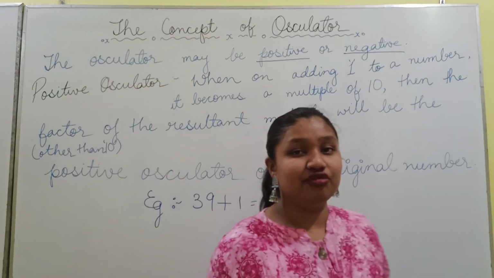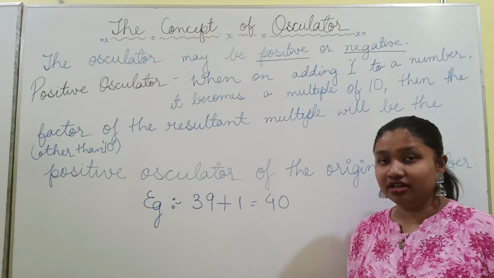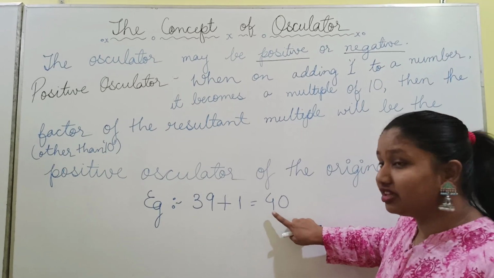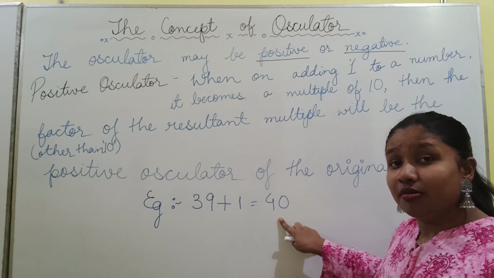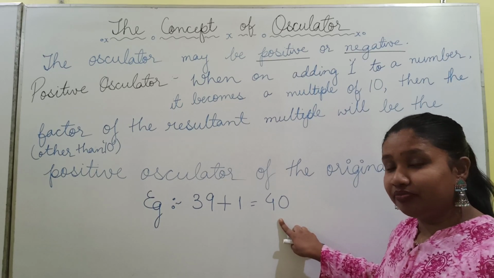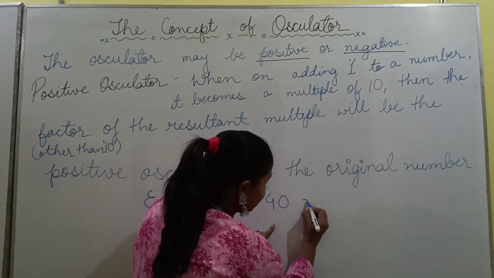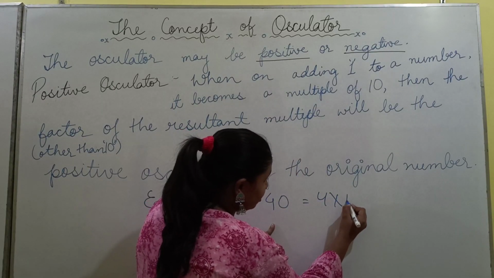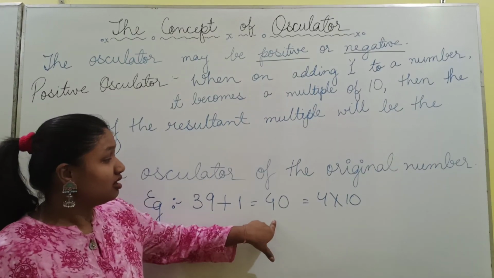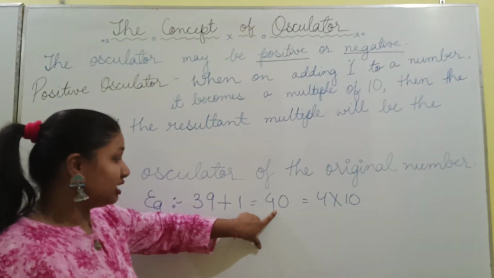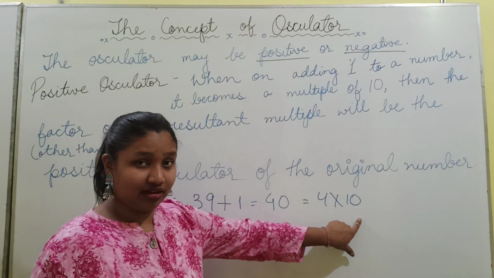Secondly, we must identify the number which is a factor of this resultant multiple but not 10. We can write 40 as 4 into 10, so we must find a factor of 40 other than 10.